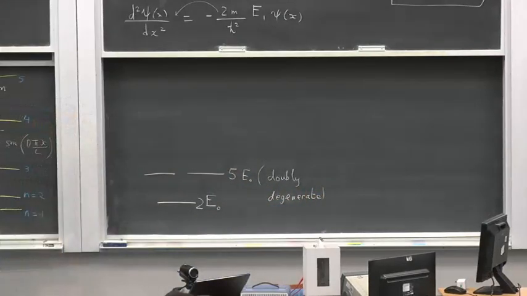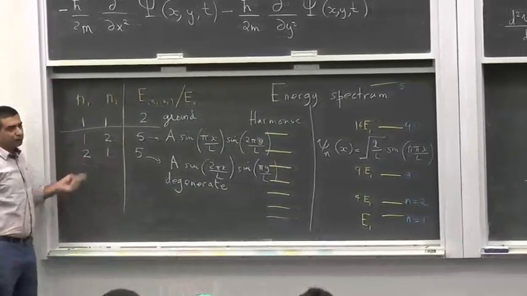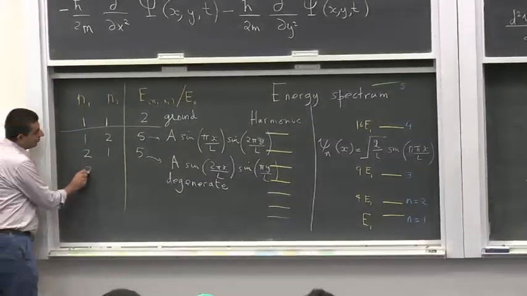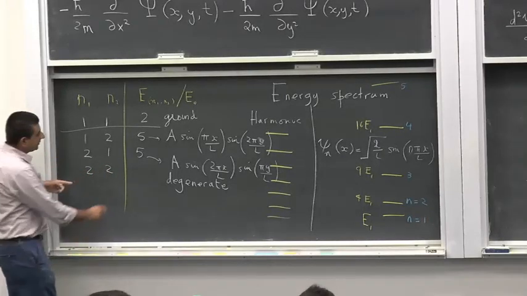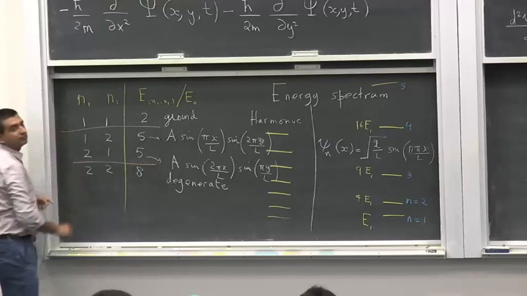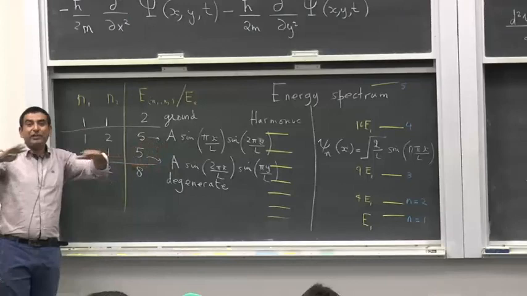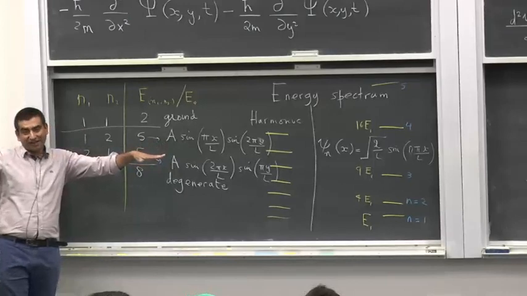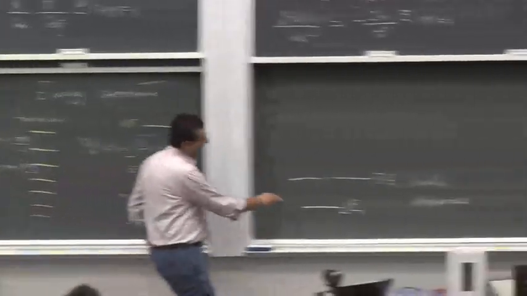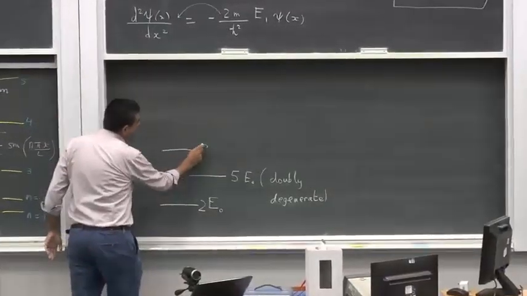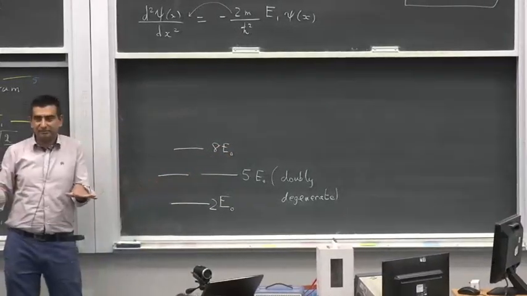The next energy level in this ladder has values of 2, 2. The total energy is going to be 8 E naught. But this is non-degenerate. There's only one energy level of this kind. So beyond this we have 8 E naught, and this is a non-degenerate energy level.